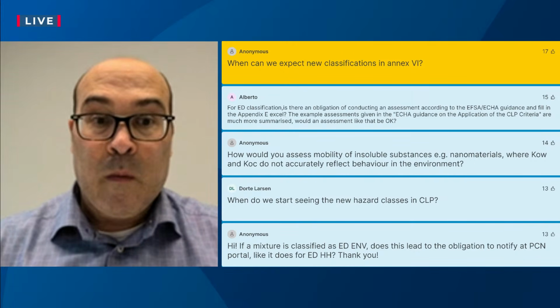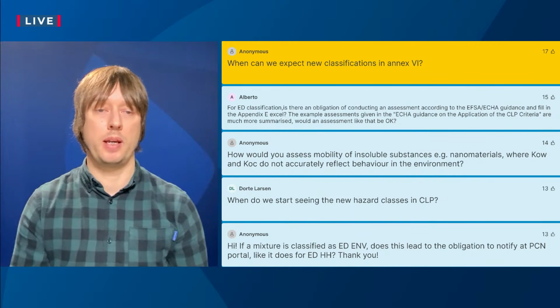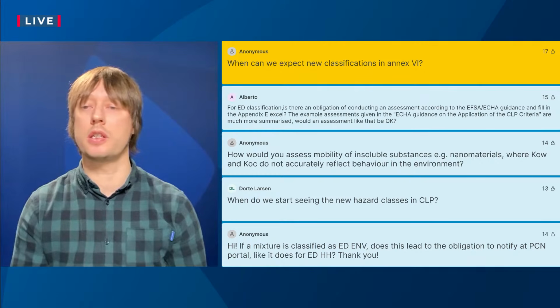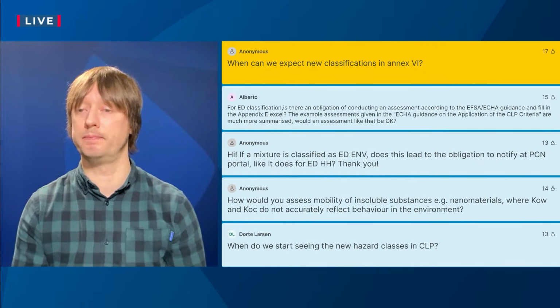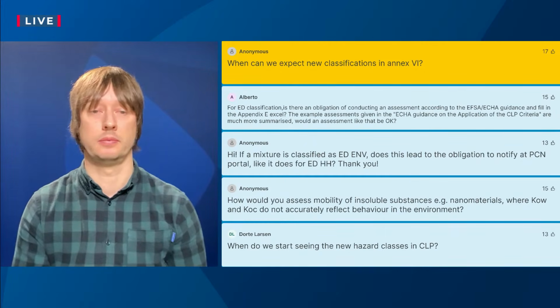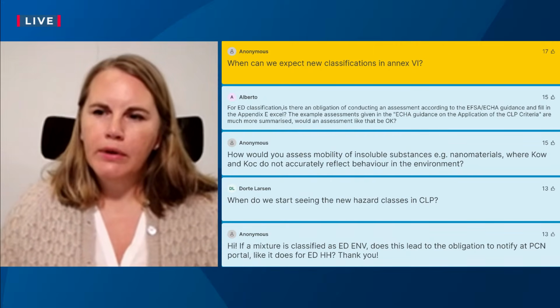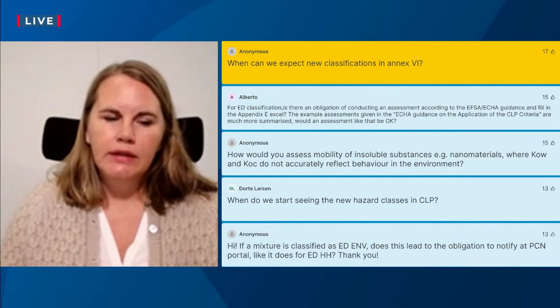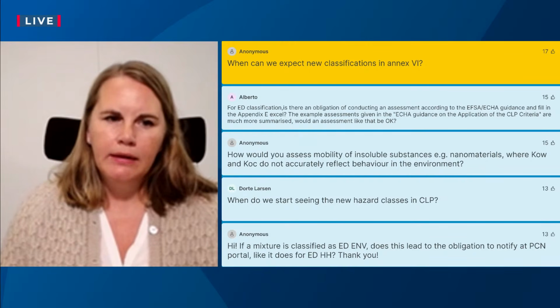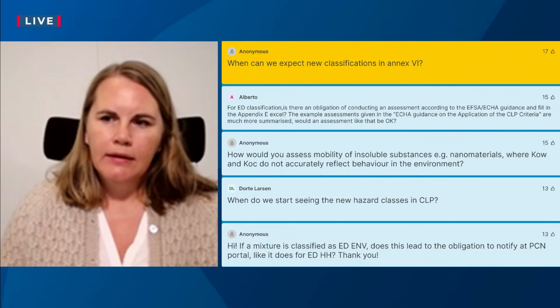So the next question, a very direct question. When can we expect new classifications in Annex 6 to CLP? Stina? That's a good question. So I think we can expect to see the first classification included in Annex 6 to CLP in 2026.